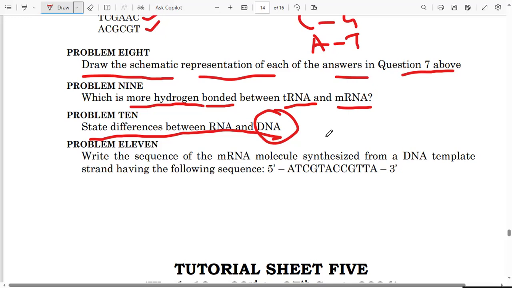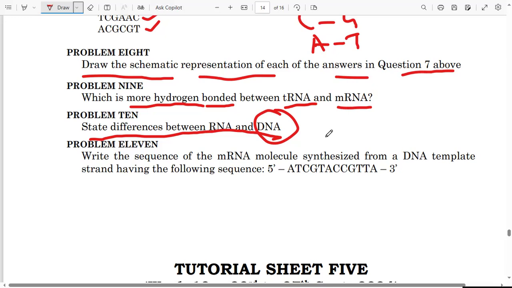And then you can also compare them based on their stability. So the DNA is more stable due to the deoxyribose sugar and the double-stranded structure. So it's stronger because it has those double strands, as compared to the RNA that has a single strand.